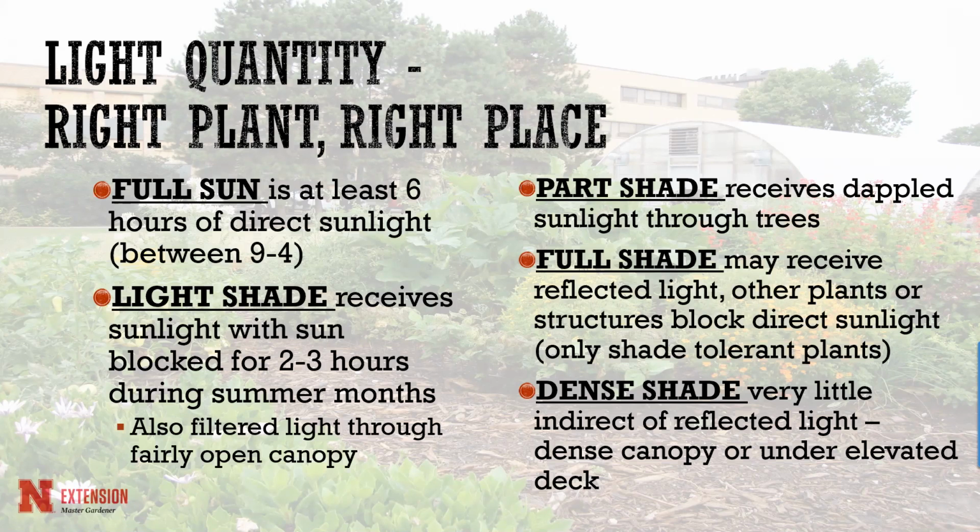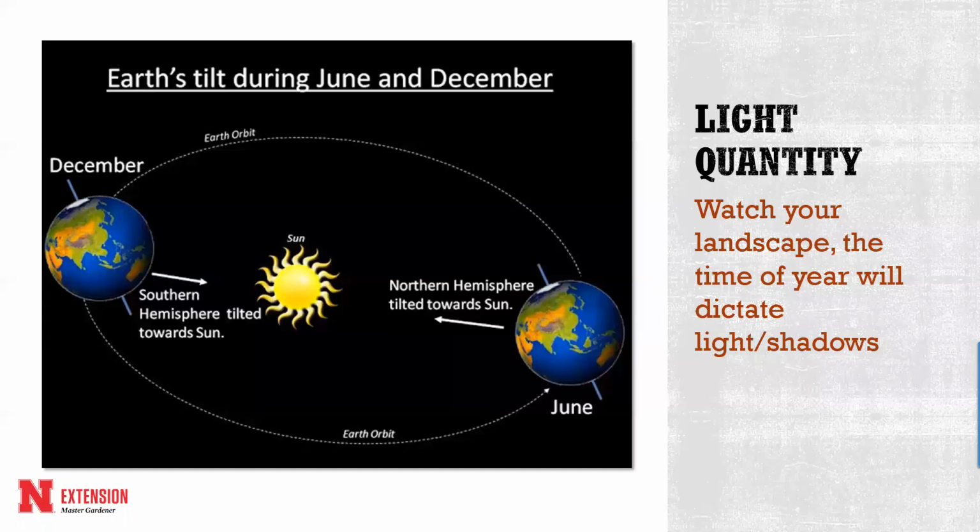So under a very dense canopy, so think of a deep dark forest, or someplace that's under an elevated deck or some structure that is definitely going to give you just a dark area. So a little bit of light quantity, right plant, right place, and this will give you some ideas of what plant you need and how much light it will need to grow well for you.